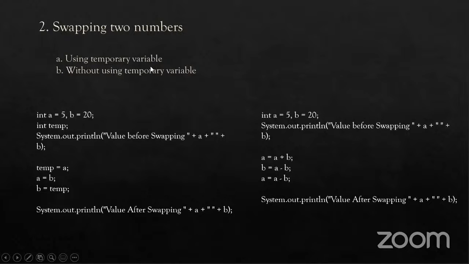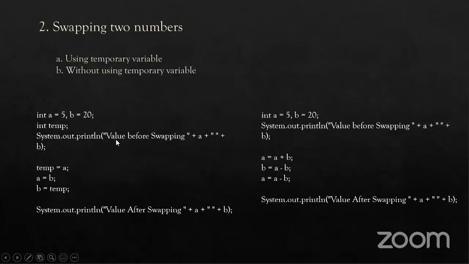So first we can check how to do it using a temporary variable. Here I have initialized a equal to 5 and b equal to 20, and a temp variable also. Before swapping, if I want to print the values, I can give a print statement to print a and b.